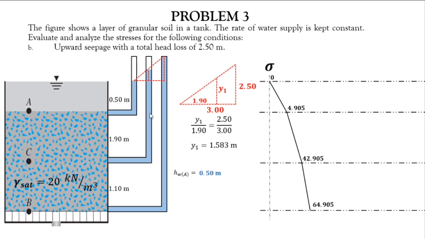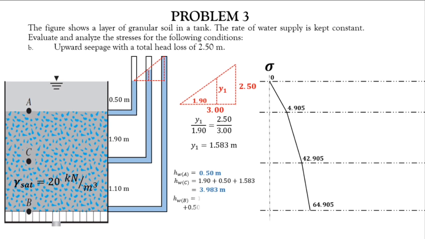Tapos, from this point, aangat ulit tayo ng 0.5 para nandito na yung tubig. Kaso nga lang, meron pang increase which is 1.583. So, i-add lang natin 1.9 plus 0.5 plus 1.583, giving us a value of 3.983 para sa total height ng water sa point C.